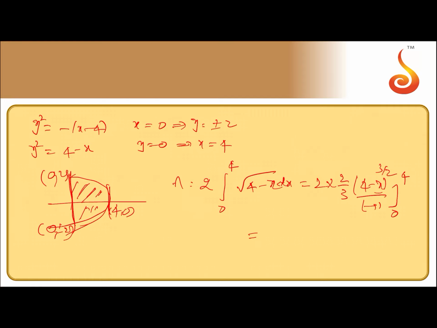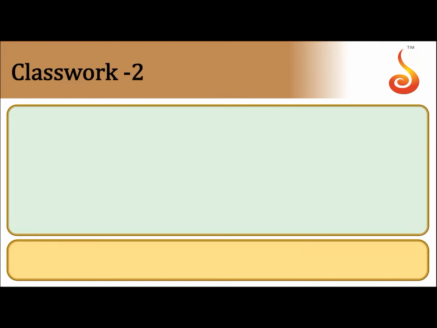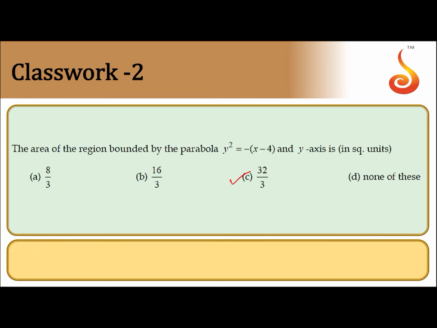Substituting, you get minus 4 by 3, 0 minus 4 power 3 by 2, which is 4 root 4, nothing but 8. So the answer is minus minus plus 32 divided by 3. So the answer for this problem is 32 by 3.